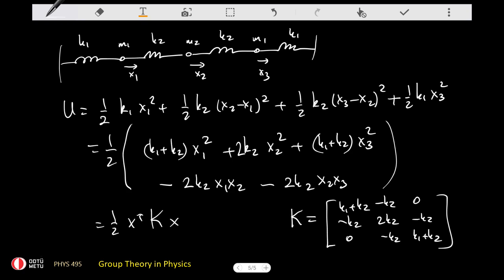What do I want to do? So there's one more thing. Yeah, we need to do the Lagrangian, but let's just write it down like that. So the Lagrangian is 1/2 of x dot transpose mass x dot minus 1/2 of x transpose k x. What is the mass matrix?